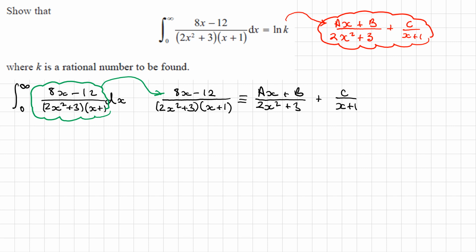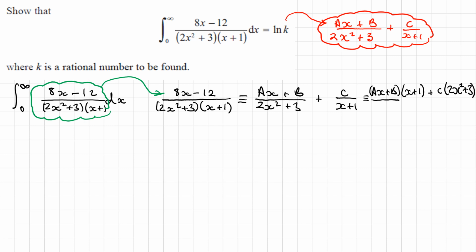So we want to make the denominators the same on both sides, which means multiplying this first fraction, the top and the bottom, by x plus 1. So you've got (ax plus b) times (x plus 1). And then the second fraction, we want to multiply that by 2x squared plus 3, so c times (2x squared plus 3).